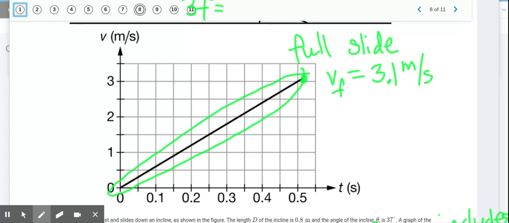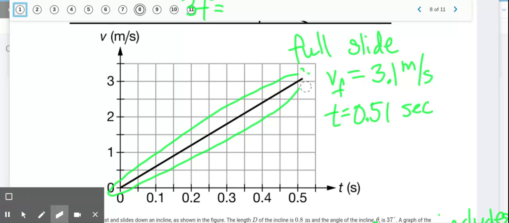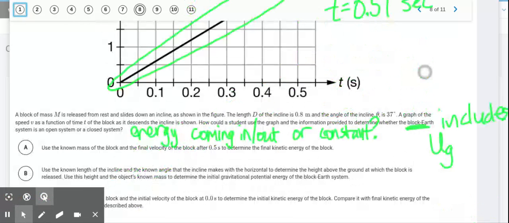The time it takes, T, is about 0.51 seconds-ish. These are estimates. You can see where I got that from, right? Right there. So that point's about 0.51 seconds, 3.1 meters per second. Great. Really what we need is the 3.1 meters per second.